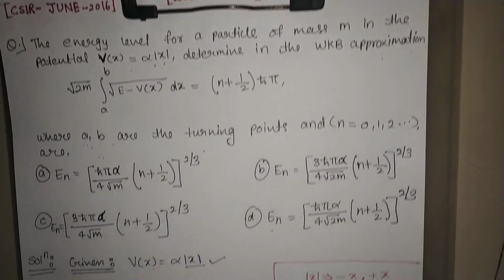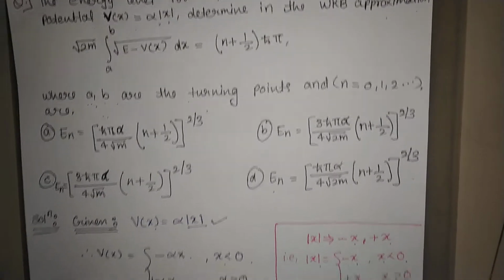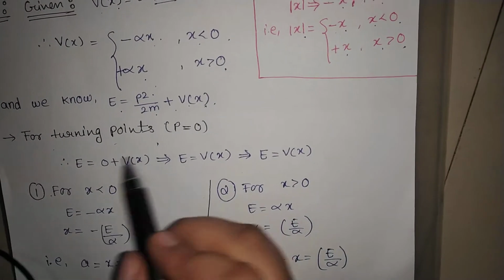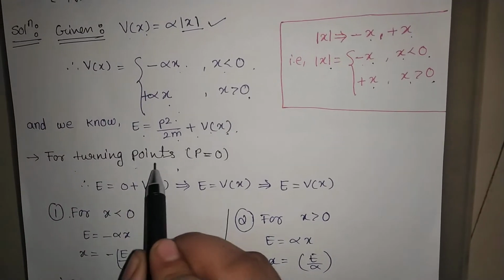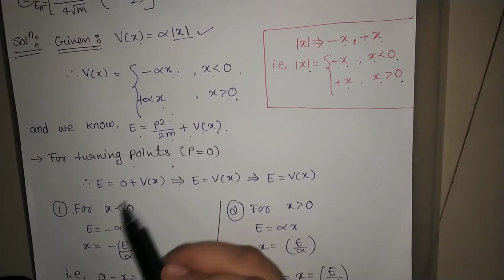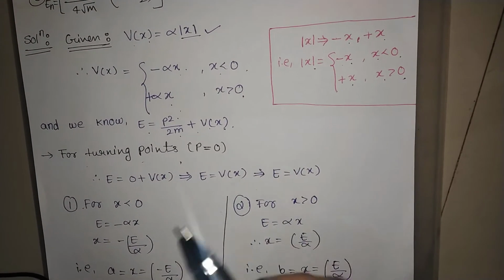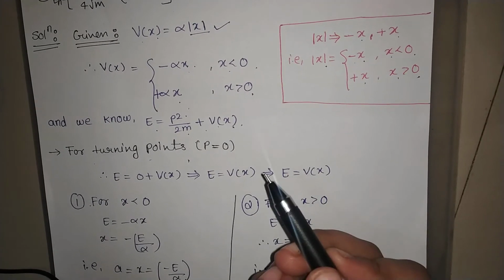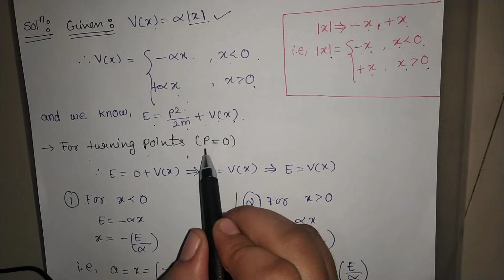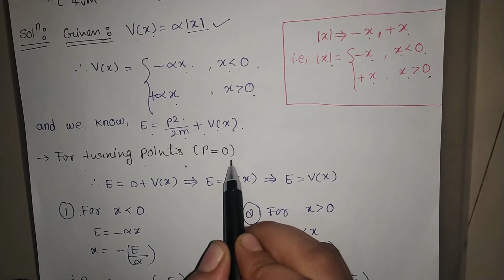So here we will first determine the values of A and B. First let me explain what the meaning of a turning point is. Turning points are where your kinetic energy becomes 0, which means the particle's momentum becomes 0.